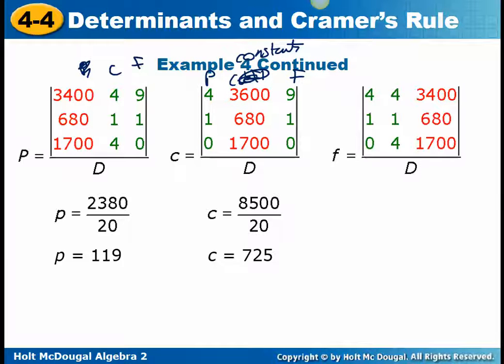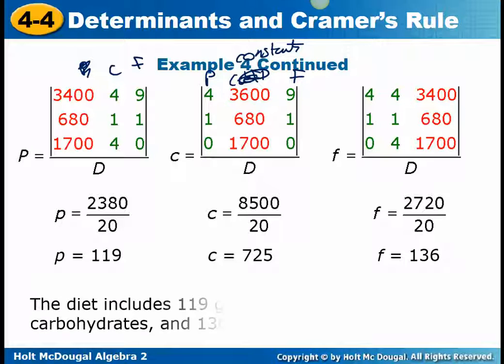And then finally, for F, usually it's X, Y, Z, but you replace that column with your constants, your 3,400, 680, the right side, and you use your technology to find the determinant, and you divide by 20, and we would get our value for F.